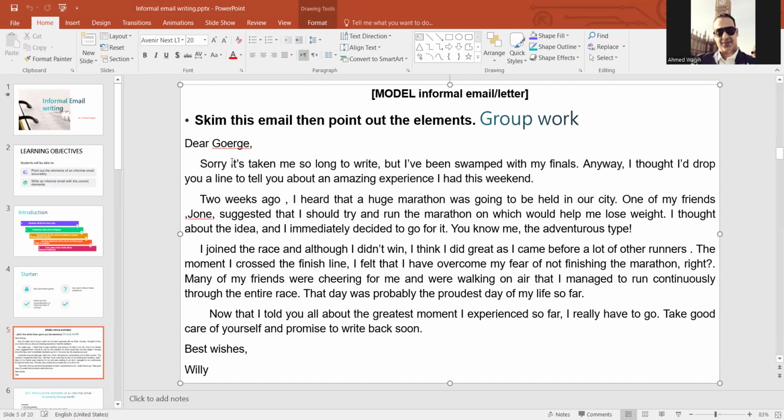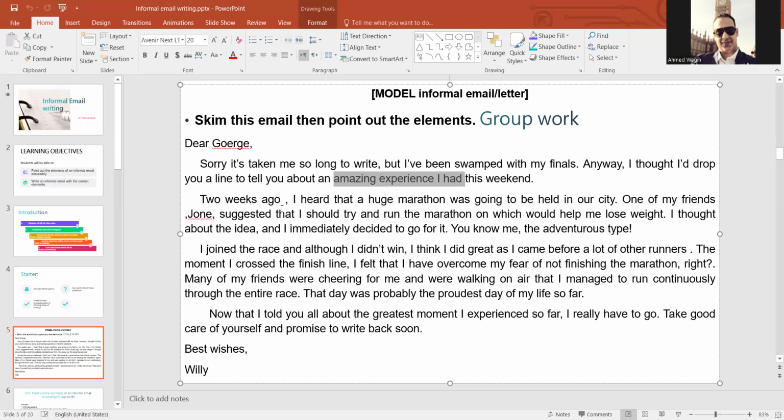If you look at the language here, you'll find short forms. Swamped with my finals is an idiom, it means that you're busy doing it. Drop you a line. So look at the language here. You're expressing your feelings here, talking about yourself.